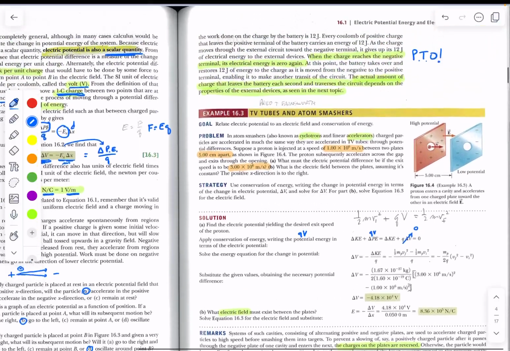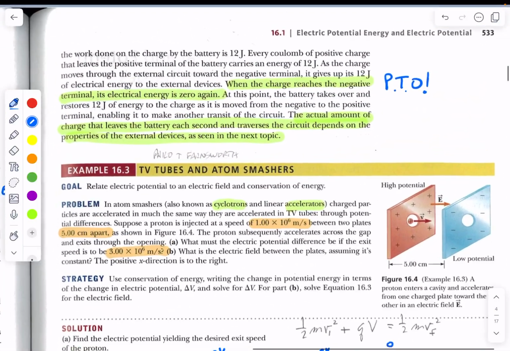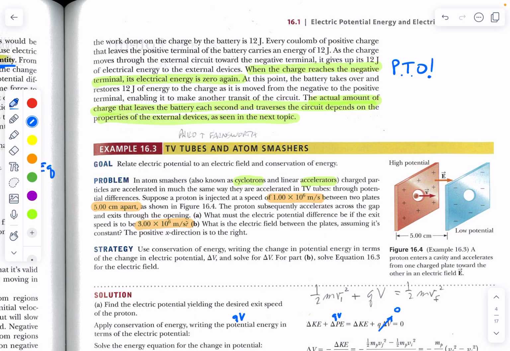Let's come over here to the top of the page. When you have a charged particle moving under the influence of an electrical field, let's say through a circuit in a battery, let's suppose that this is my battery right here, and the little knob there is the positive end of the battery. There's the negative end, and we have a wire coming out of the positive end, and I'm going to make a zigzag symbol there and a wire coming back to the negative end.